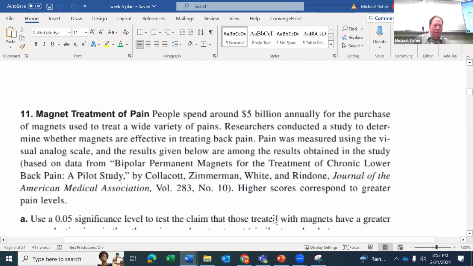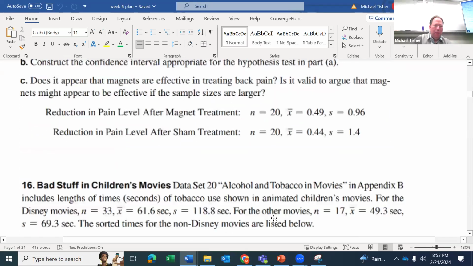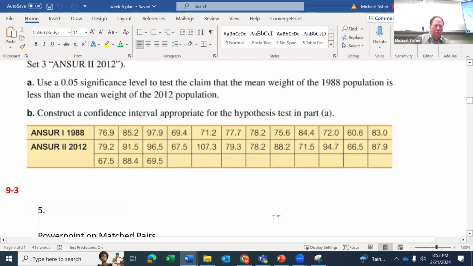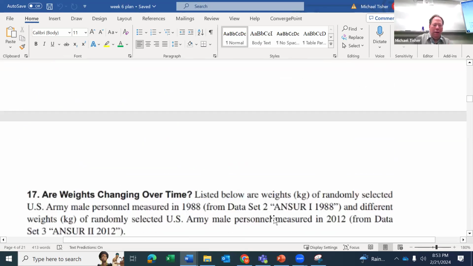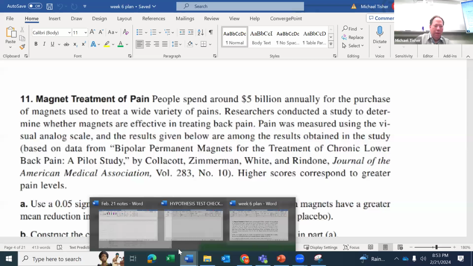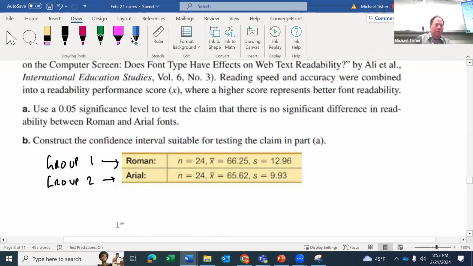Okay, there's more example of mean, but now let's go, okay, I forgot to do that, okay? So I forgot to finish that problem that we just did. Let me go back and finish that problem. Okay, that was the A part, okay? Then B part says to construct a confidence interval suitable for testing the claim in the part A, okay?